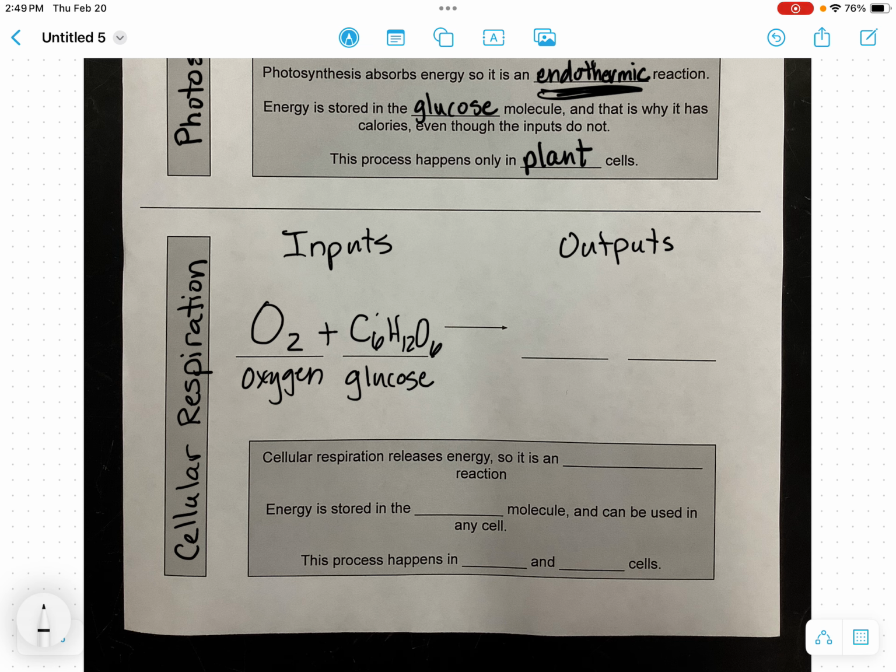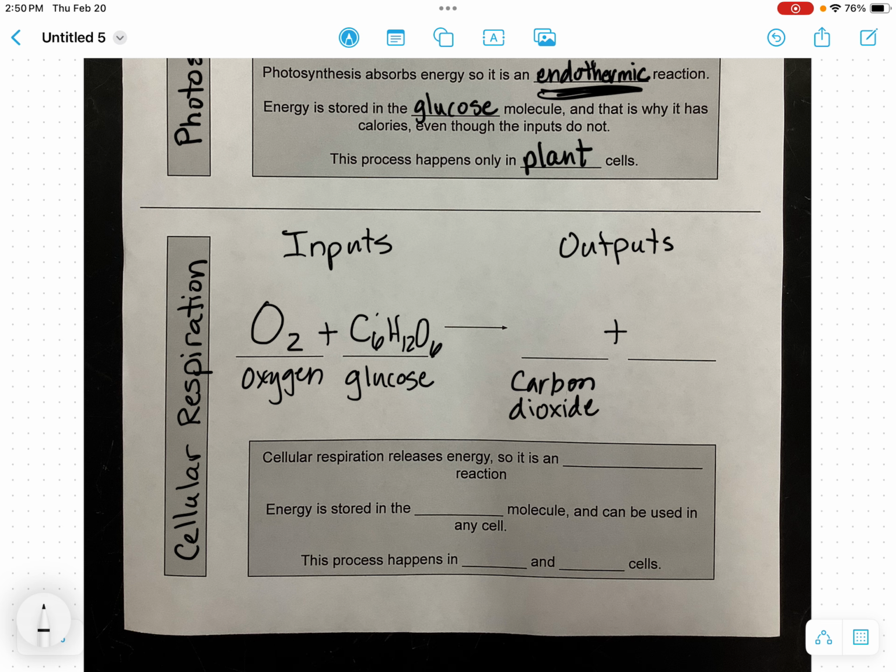Our outputs are what our cells get rid of as waste. So when you breathe out, you're breathing out a couple things, and that's how our cells actually get rid of waste. They get rid of waste by exhaling. At least that's how animals get rid of waste. So when we exhale carbon dioxide, add that to our outputs.